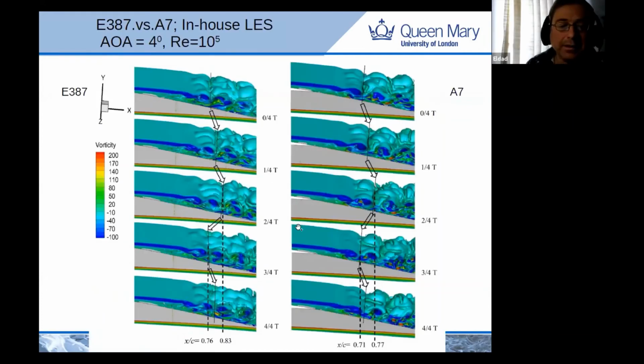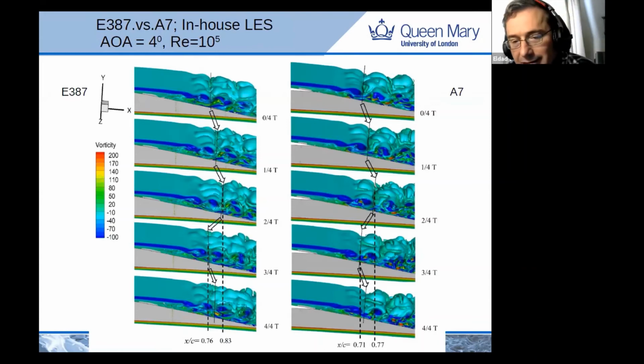Afterwards, we did some large eddy simulation to see what is happening. On the left side of the screen, we have the Eppler. On the right side, we have the new profile. What we noticed is that because of our modification, we managed to move the big laminar separation bubble, the one after the maximum thickness, a bit upstream.